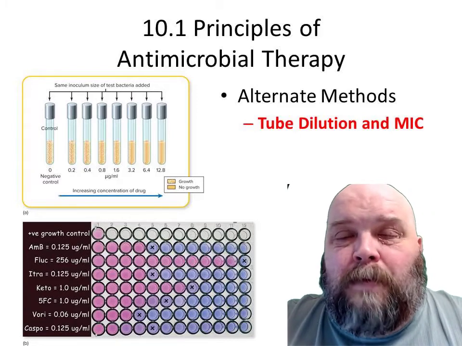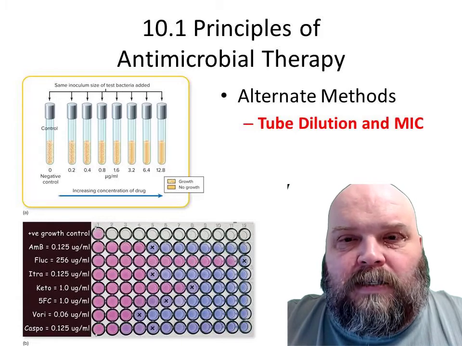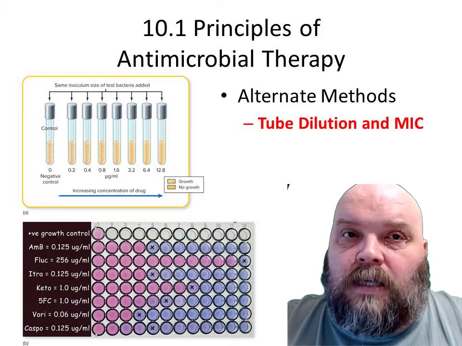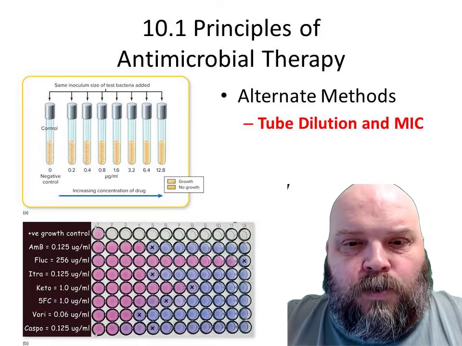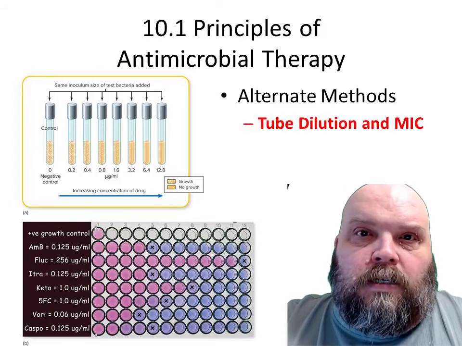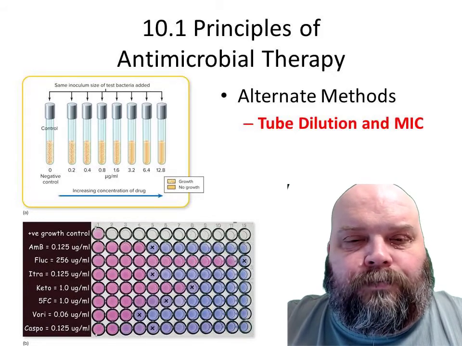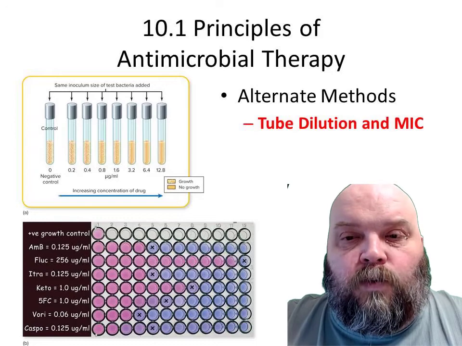Turns out test tube's big, bulky, takes up a lot of space. If you're going to do lots of dilutions, that's a lot of tubes. Every dilution's another tube, and trying to do duplicate, triplicate, it gets to be a bit unwieldy.